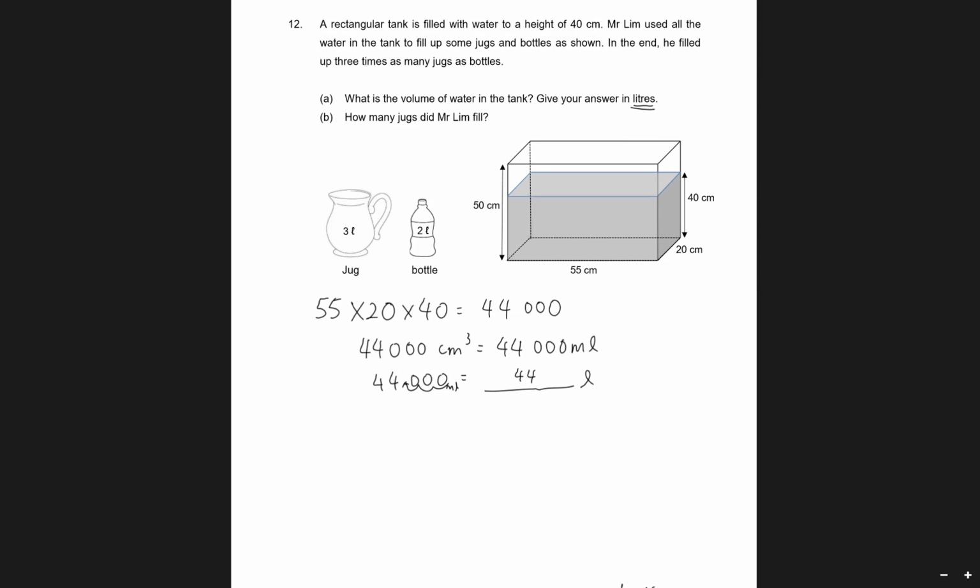Okay. Now let's continue the story. Mr. Lim is going to use all the water in the tank to fill up some jugs and bottles. So he's going to use all the 44 liters to fill up the jugs and bottles. In the end, he used up 3 times as many jugs as bottles. Jugs is going to be 3, whereas for bottles, 1.